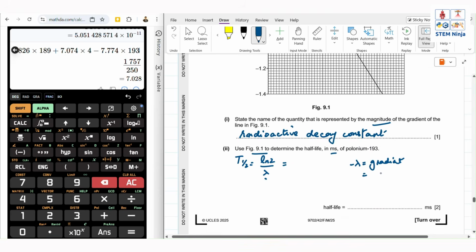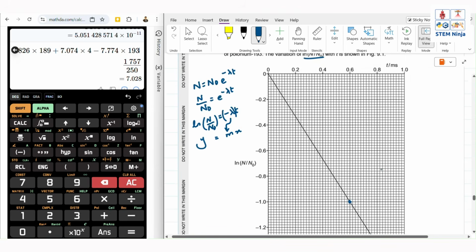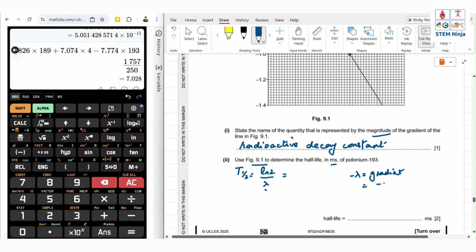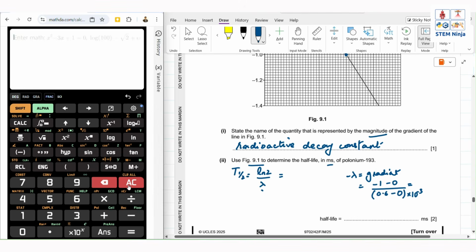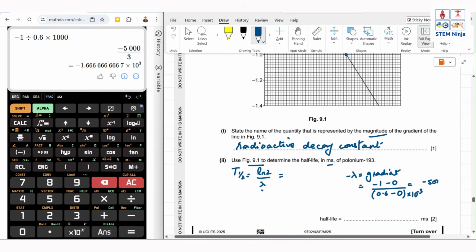So we have minus 1 minus 0, over 0.6 minus 0. And not to forget that the time was in milliseconds. So minus 1 divided by 0.6 times 1000, we get minus 5000 per second, since we need to retain a little bit of accuracy.